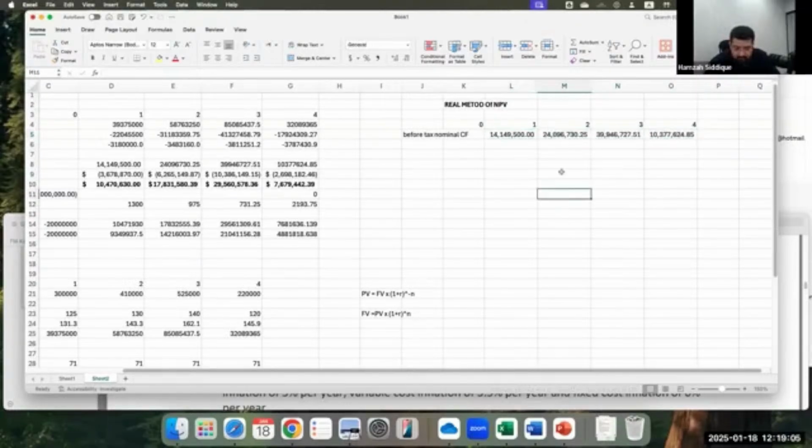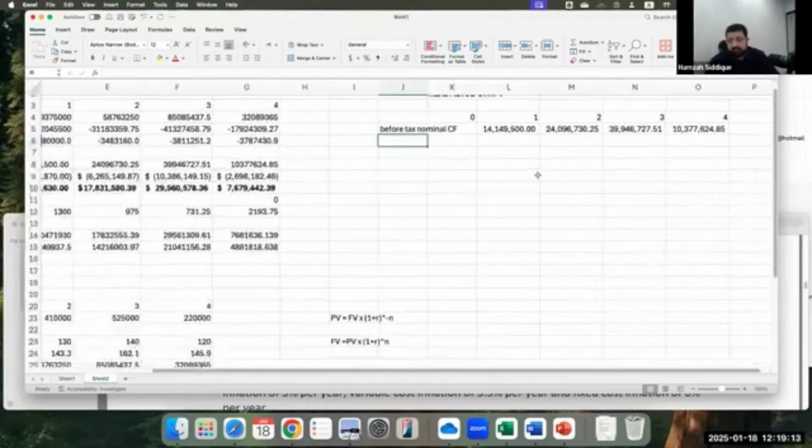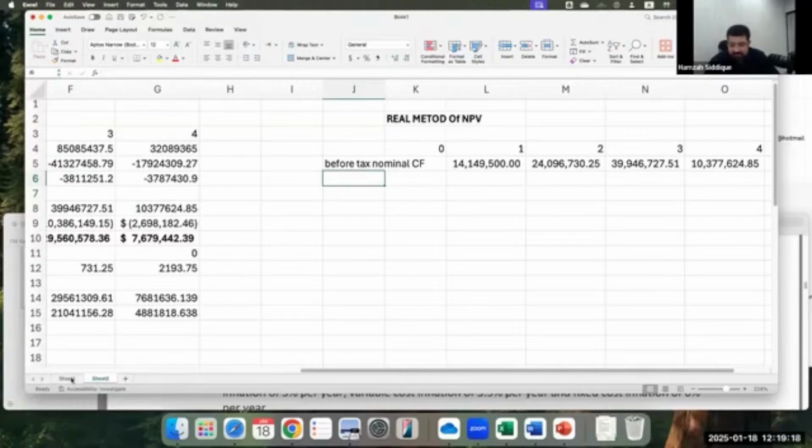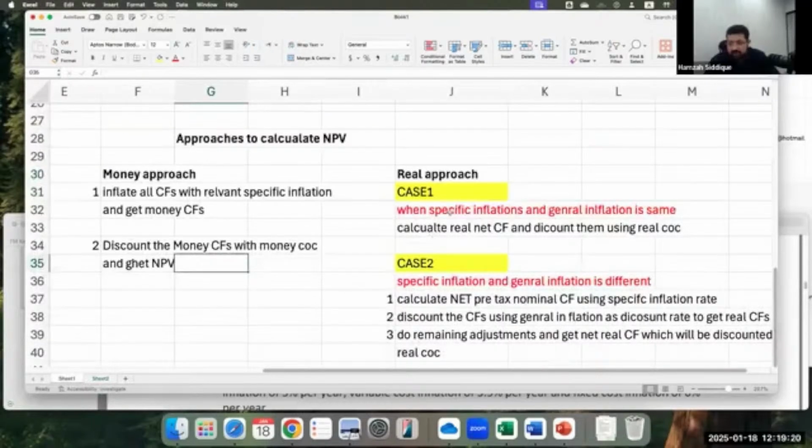And then afterwards, what do we need to do? We have to pay tax on that, which is, no, not tax. We have to convert them into real cash flows. So the real method is the same as we discussed: calculate when specific inflation is different.